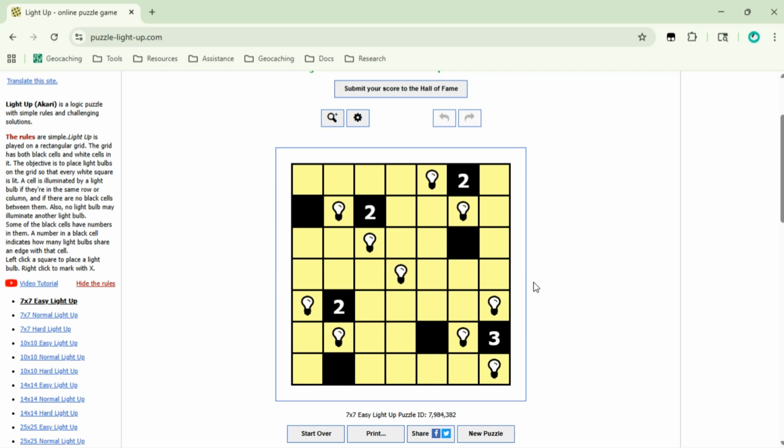So again, this is on easy, hard. You set it, but you see that none of the lights shine on each other and the entire board is lit up. So that means the requirements are met. Again, you can reread the rules here on the left. And this one is actually used in quite a few geocaching puzzles where, for example, the locations of the lights give the coordinates, because technically 5 is a 5, 6, stuff like that.